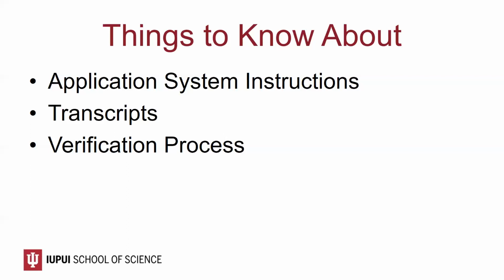Once your application moves to the top of the queue, it will then be selected by a staff member for verification. During this process, an AADSAS staff member will review the PDF of your transcript with all of the information that you have submitted as a part of your application regarding the coursework you have taken.